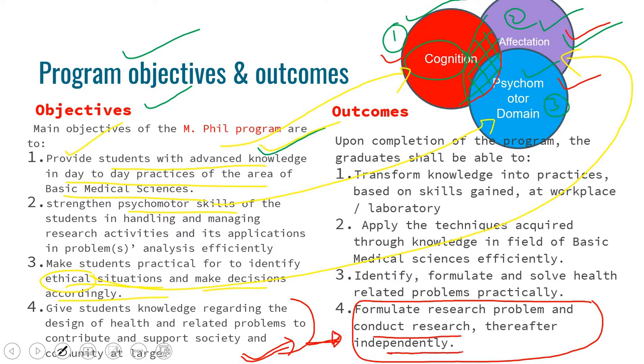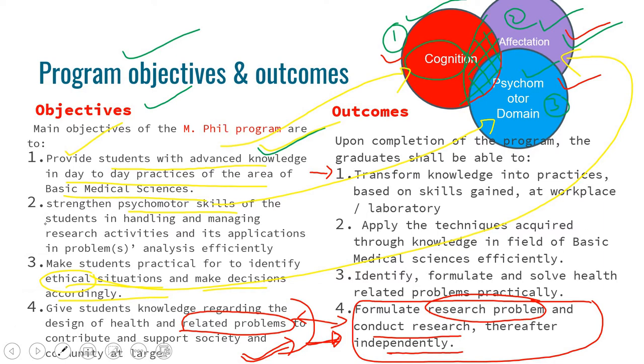And what research? It is problem-solving, purposeful research, and here too he is to think about day-to-day related problems. So there is an alignment between the objective and the outcome. Keep in mind this point. You can find this objective number 1 and this outcome number 1, because it is to transform the knowledge into practice, as in clinical practice.